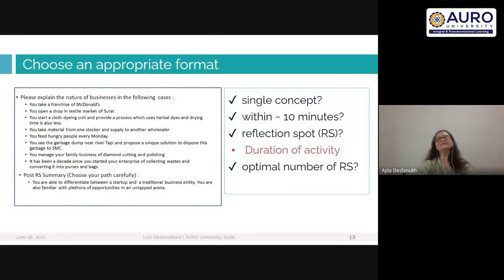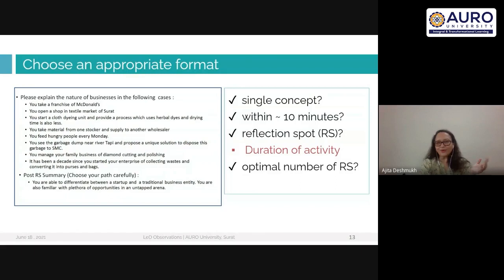Actually speaking, I loved this activity that you have designed, even though it doesn't fit into the reflection spot category because of the duration. It is a beautiful activity because it is talking about what students are going to face around them. As we all know, Surat is the capital of textiles.